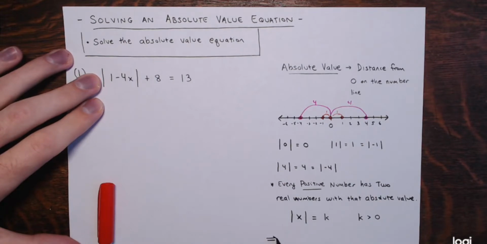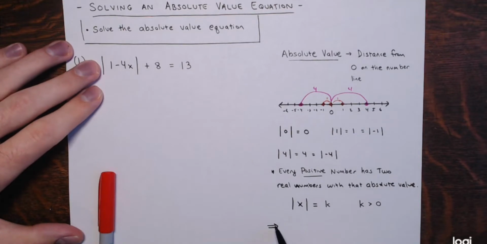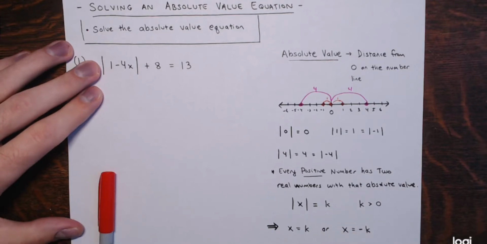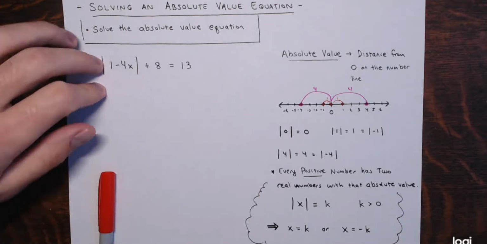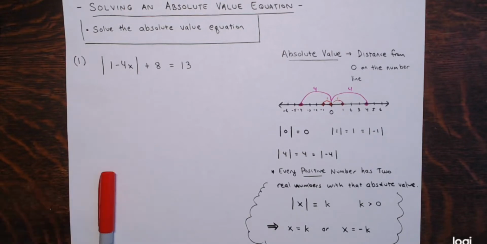If that's the case, then we can say, with an implication arrow, that if I have the absolute value of something equals k, where k is some positive constant, then x must either be k itself or negative k, the opposite of k. And this is what we're going to be doing here. We're going to be using this concept in the solving of our absolute value equations.